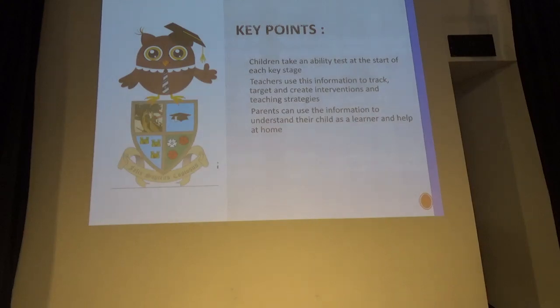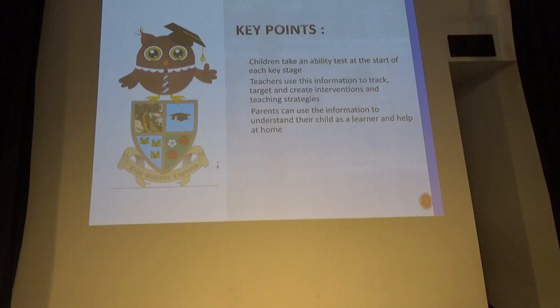Okay, so just to summarise then, all children will take this ability test in year 3 and at the beginning of each key stage, because it gives us information about the children's potential, their capabilities, and it interacts with other assessments that we do about attainment as well.